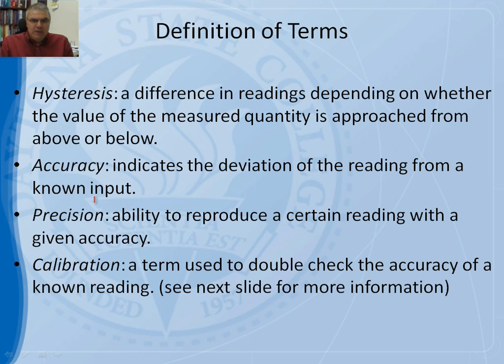Now, in metrology, that term is a little bit different. It's a difference in reading depending on whether the value of the measured quantity is approaching from above or below. So if you are applying this to the loading cycle, it's the value approaching from below, and when we are unloading, we may be approaching a certain point from above, not below.